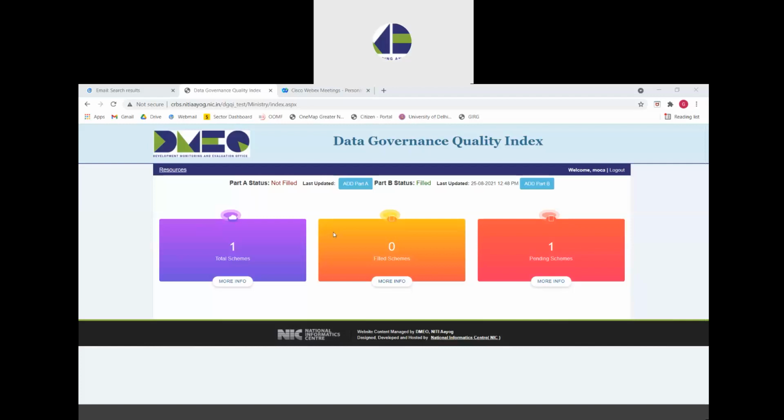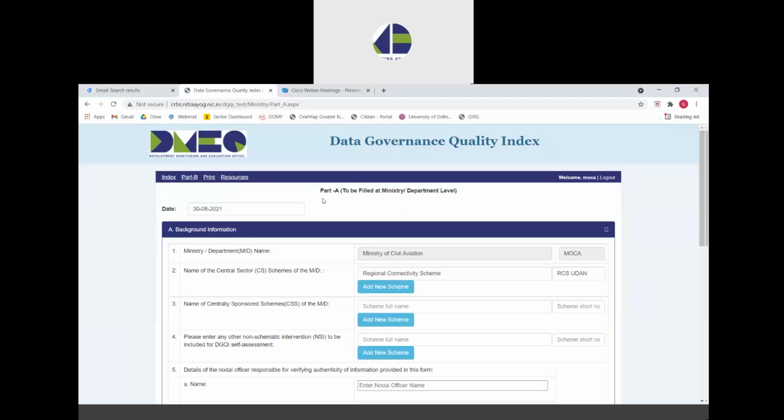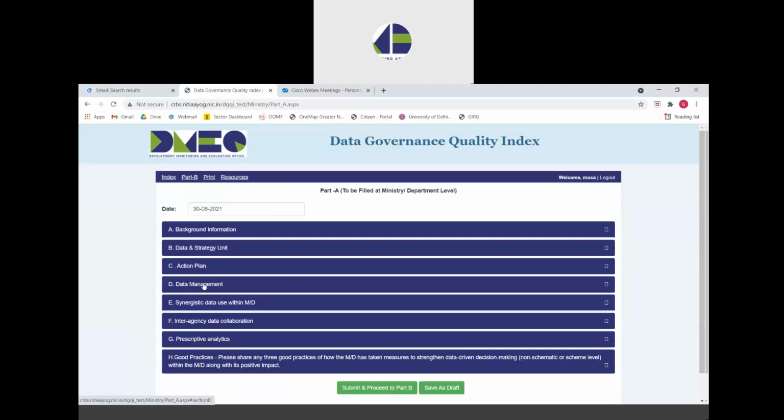In this video, we'll give you a walkthrough of how to answer the questions in Part A, Section D, which is data management. We go to the Add Part A button and we look at Section D, data management within Part A. Before we move to the questions, the initial two themes were on the data strategy pillar.